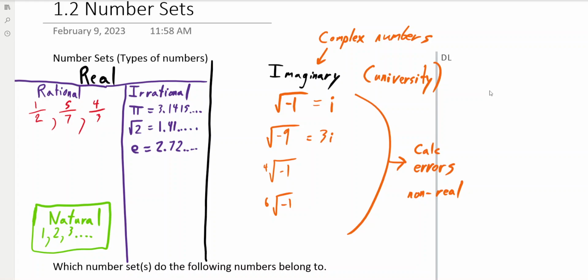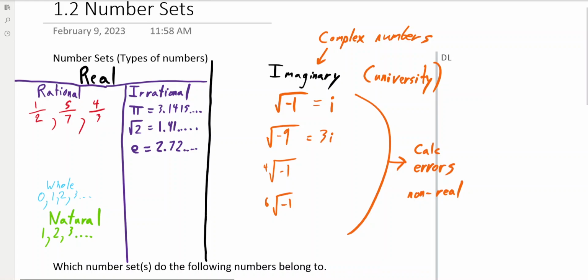Okay, next, after natural numbers, we have whole numbers. Whole numbers are the same as natural numbers, except that it includes the 0. So 0, 1, 2, 3, dot, dot, dot, all the way to infinity.